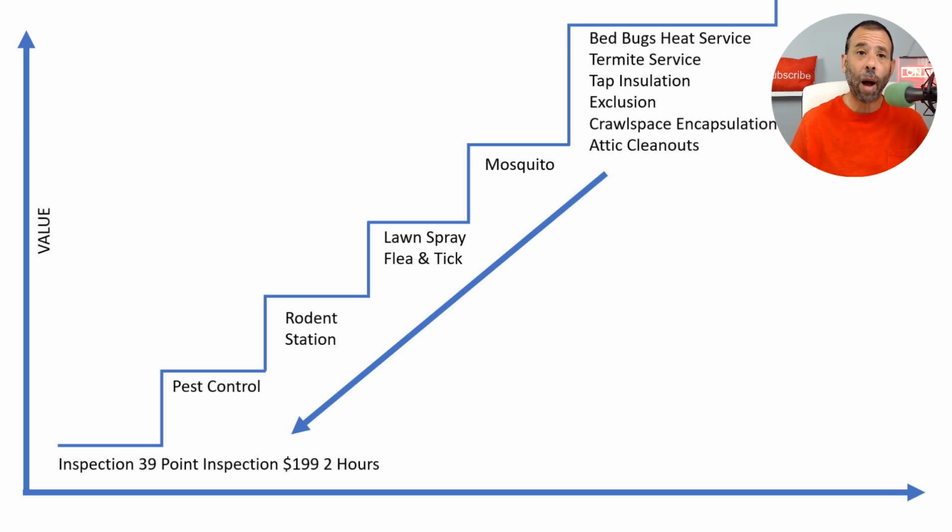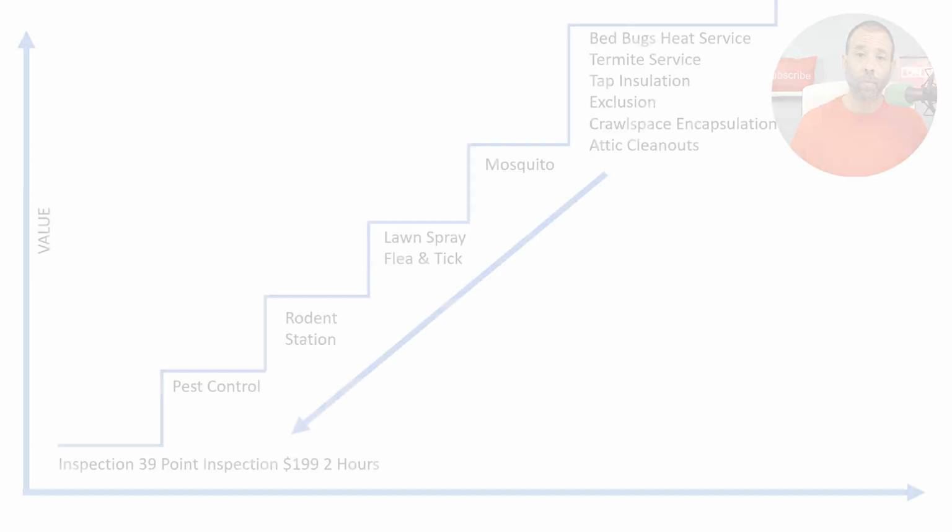It is for you to determine how much value you can give that customer in service, in attention, in caring, in being the best person in that market who's going to care for them like no other, and demonstrate that to the client through either increasing the value of this 39-point inspection, or when you get the services, continue to sell down the ladder. So this is how a value ladder is used in the sales and marketing process.